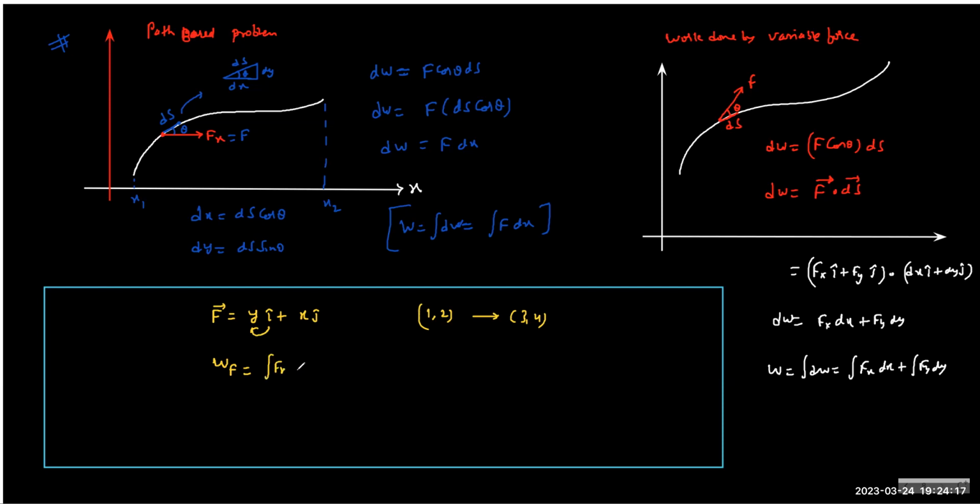So the integration is Fx dx plus Fy dy, which is y dx plus x dy. Now there is a problem. We cannot integrate y with respect to x and vice versa. So this you cannot do.